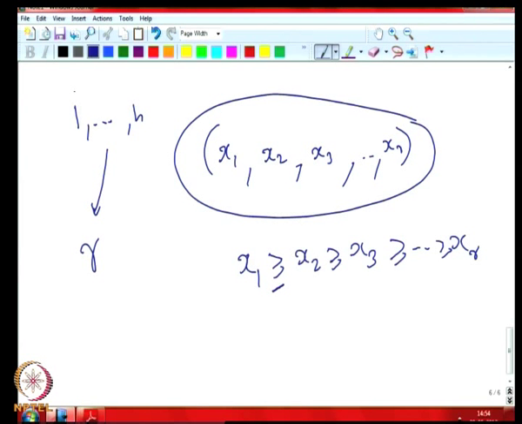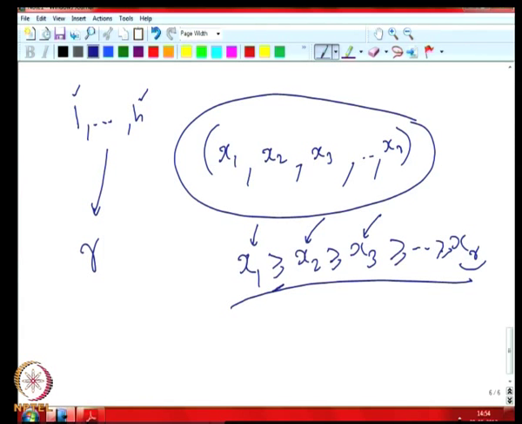It is just like n types of things, 1, 2, 3 up to n, and you can take r of them, but sometimes some numbers repeat. Once you select them, there is no confusion, because the biggest goes to x 1, the second biggest goes to x 2, the third biggest goes to x 3. If there are ties, we just keep writing the same number.